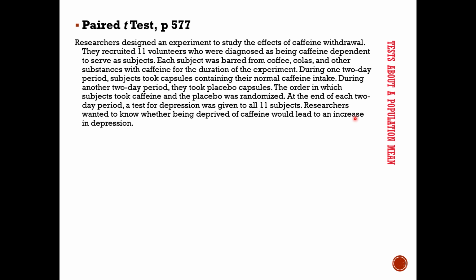During one 2-day period, subjects take capsules containing their normal caffeine intake. So there's a 2-day period where subjects are taking capsules with their standard caffeine intake. During another 2-day period, they're taking placebo capsules. The order in which subjects took caffeine and the placebo is randomized.